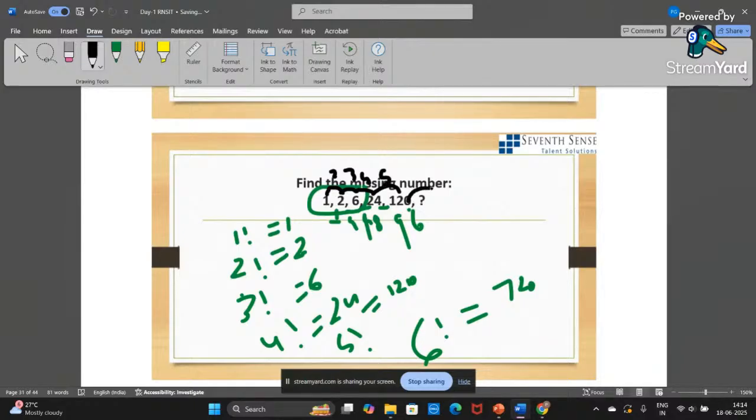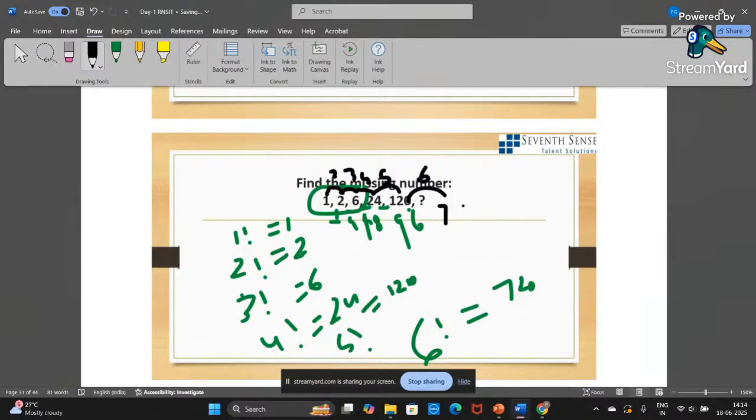So next, 120 into 6. You are multiplying with the increasing number. For the first one, you multiplied with 2. For the second one, with 3. For the third one, with 4. For the fourth one, with 5. For the fifth one, with 6. So 120 into 6, it is 720.